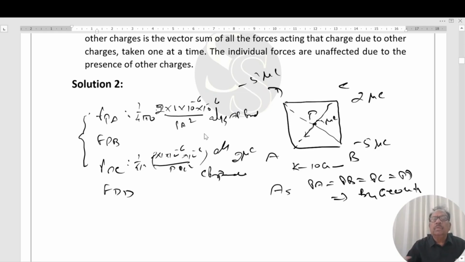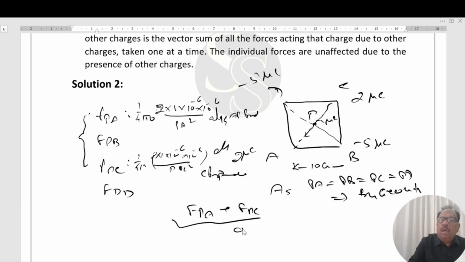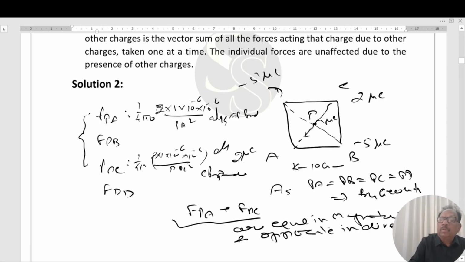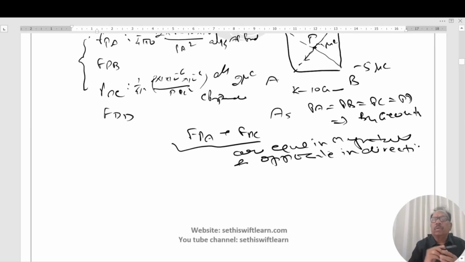Therefore, FPA and FPC are equal in magnitude and opposite in direction. Therefore, they will cancel out.